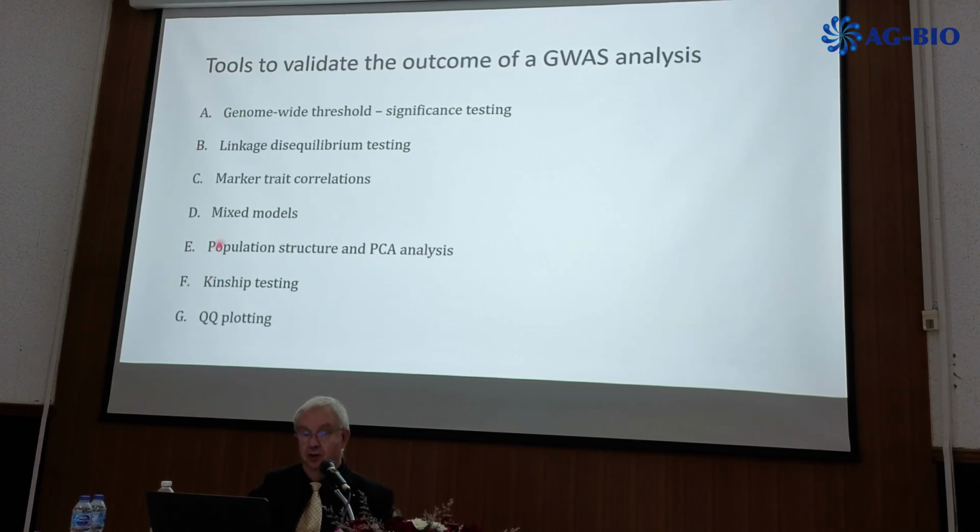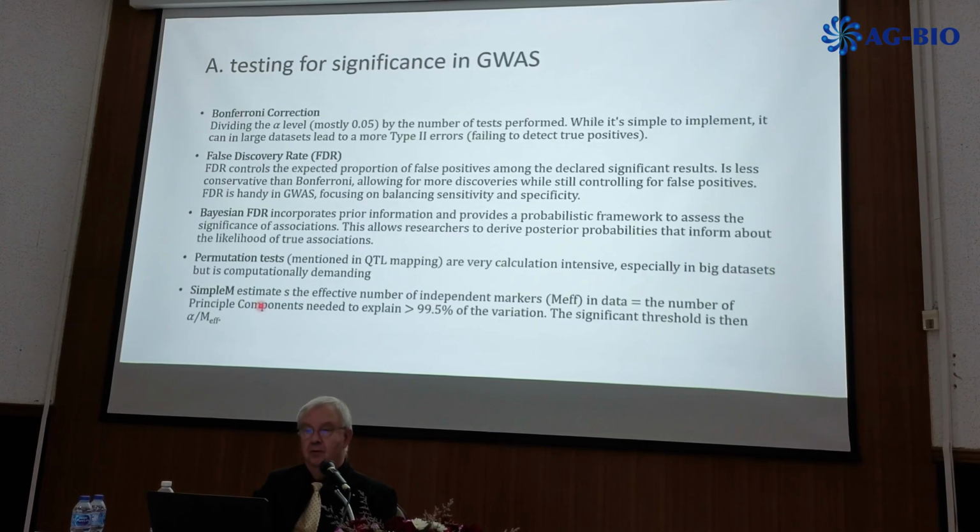Kinship testing, which goes hand in hand with the population structure. And finally, I mentioned QQ plotting. In the end, in papers about GWAS analysis in plants, quite often you see that they present population structure, kinship and QQ plotting, and they use mixed models to improve the final result and interpretation.